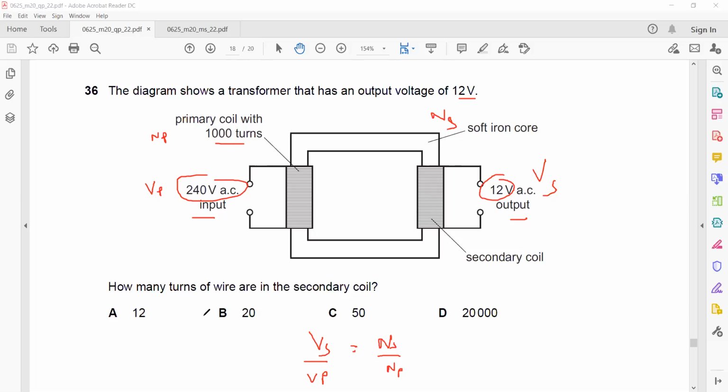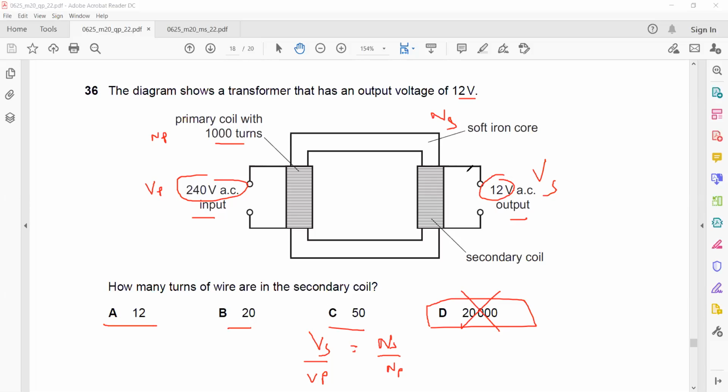So either A can be the answer, B or C. It cannot be D because D is 20,000. So that's totally wrong. So when you substitute, three answers are there, like 12, 20 and 50. Now which one is correct?